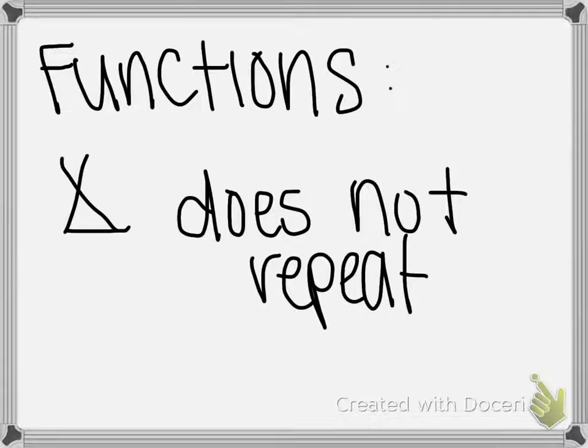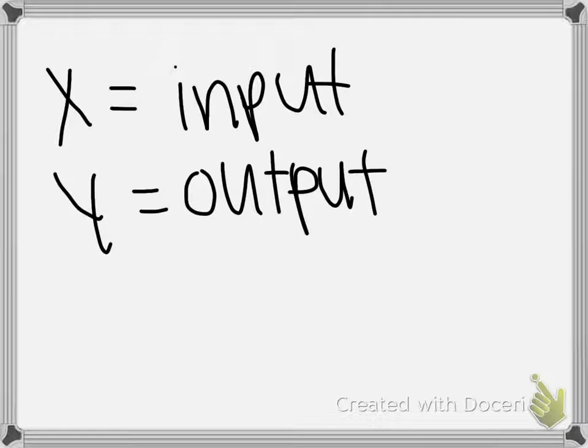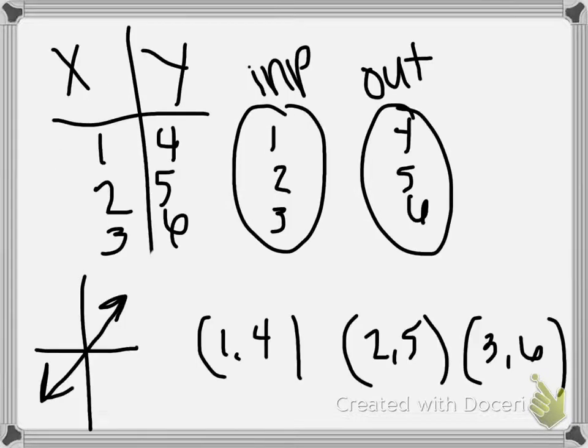So let's get started. So with functions, you have your x and your y values. Your x values go with your input, your y values go with your output. Something very important to remember is that every input has a single output, okay? So there are 4 different ways that you can have a function be represented.